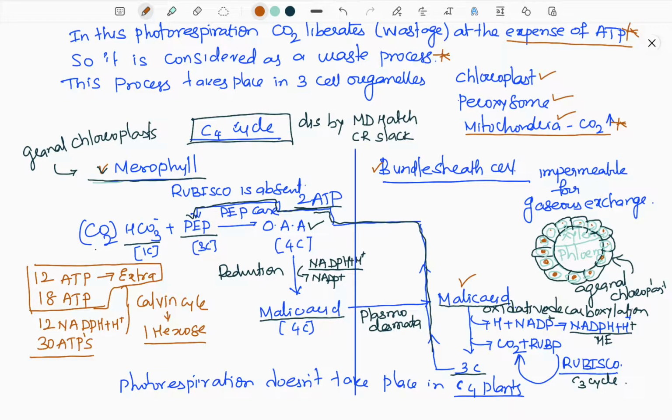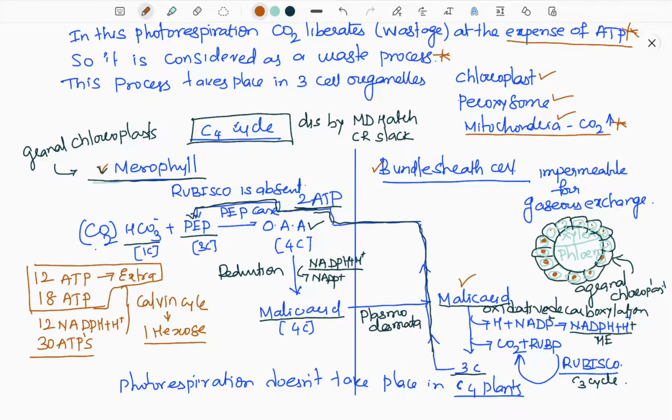If there is no PEP, no primary carboxylation. When there is no primary carboxylation, there is no oxaloacetic acid, there is no malic acid, and no pumping of malic acid into bundle sheath cells. Then when there is no malic acid, no oxidative decarboxylation of malic acid, then no CO2 is available to Rubisco. You know that when Rubisco doesn't have CO2, it acts again as an oxygenase. To avoid Rubisco from acting as an oxygenase, there should be continuous pumping of carbon dioxide to bundle sheath cells.